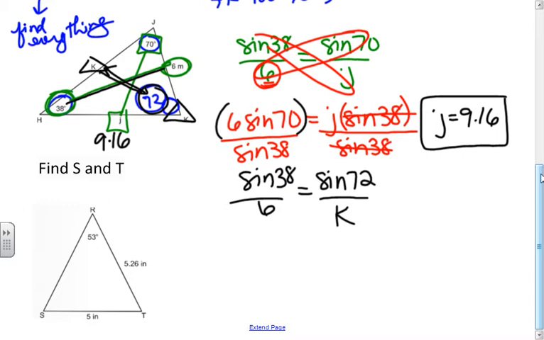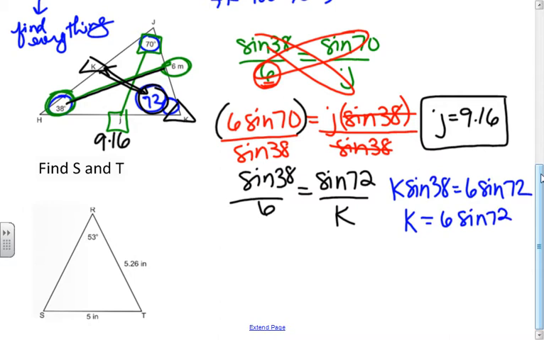I'm going to cross multiply again, and I will have K sine of 38 is equal to 6 sine of 72. Divide both sides by the sine of 38, 6 sine 72 over the sine of 38, and K is 9.27.